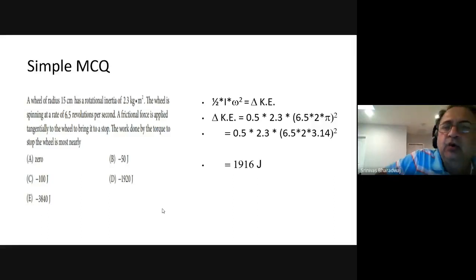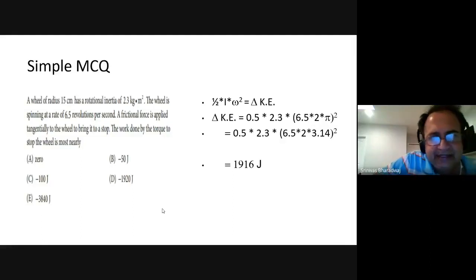Now, when you do dL by dt and L is I omega, when you integrate you take the dt to the other side. Or you can write d omega by dt as d omega by d theta times d theta by dt.